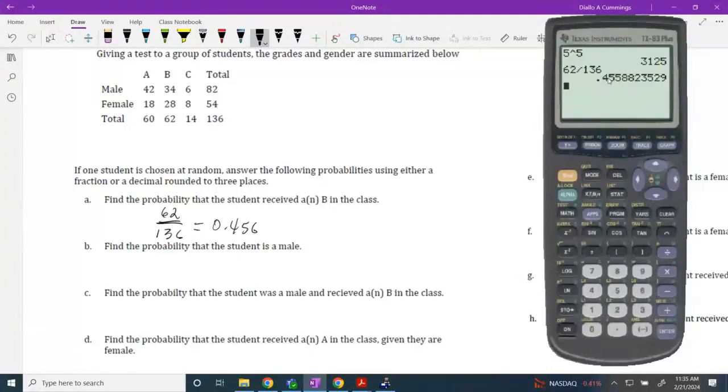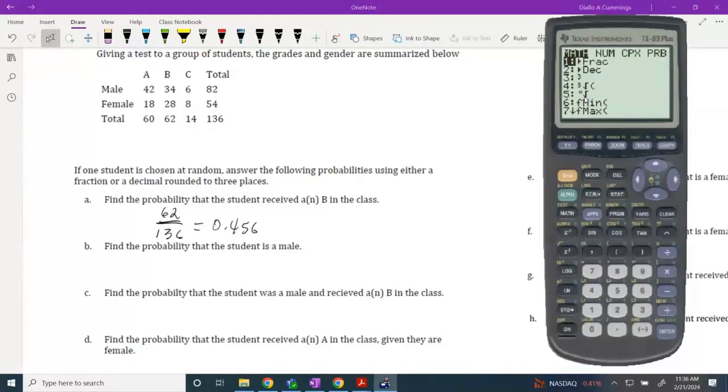So just keep in mind, if you wanted to answer it as a fraction, that fraction would have to be in lowest terms. So just to quickly review how to convert a decimal to a fraction using the calculator. All right, once you have your number decimalized, you simply hit math.